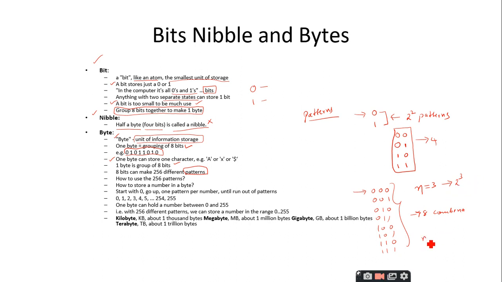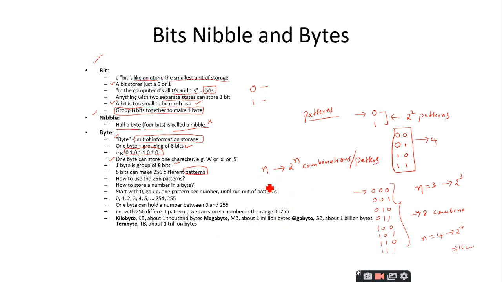Similarly, if n is equal to 4, that means if you take 4 bits, how many combinations can you get? It is 2 power 4, 16 combinations. Like that, the generalized formula is if you have n bits, you will have 2 power n combinations. They are also called patterns.